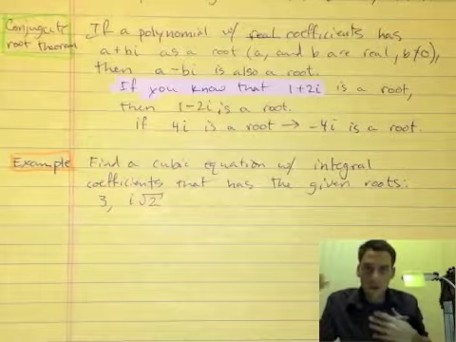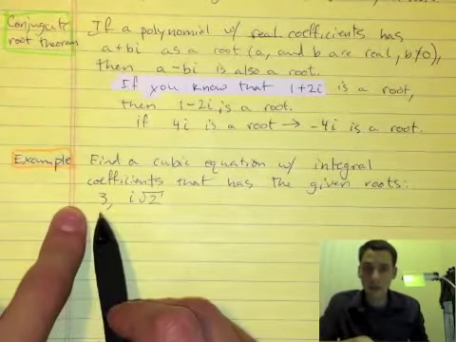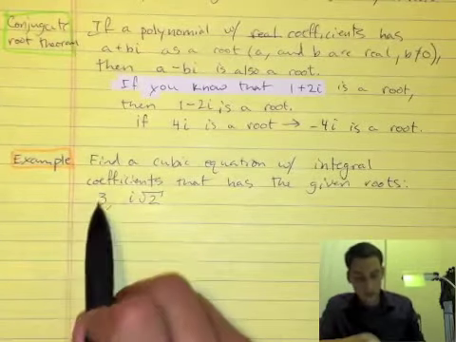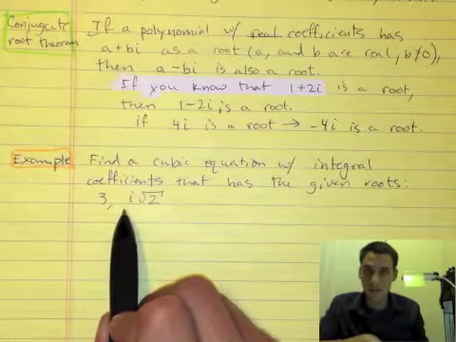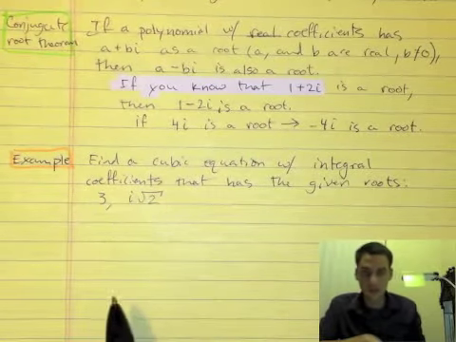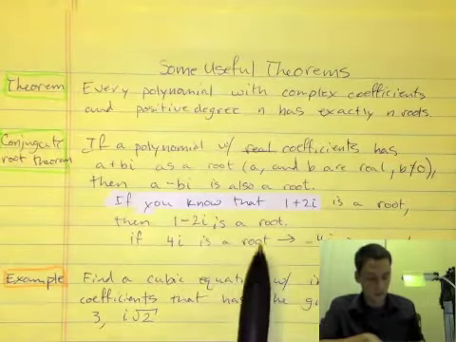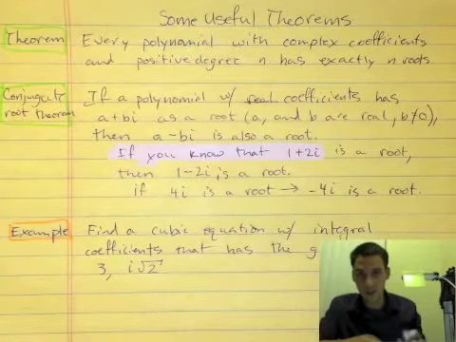Just like before, if we're given roots, we can also find factors just by going x minus the root. So we have x minus 3 is a factor, and x minus i root 2 is a factor. From the theorem that we just stated, if we know that an imaginary number is a root, its conjugate is a root.